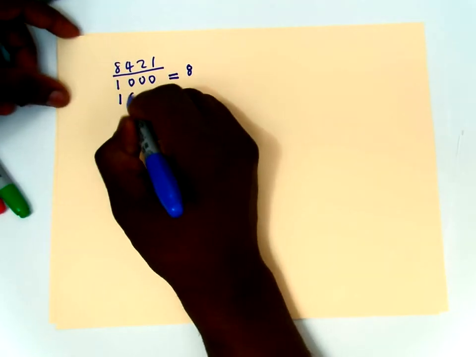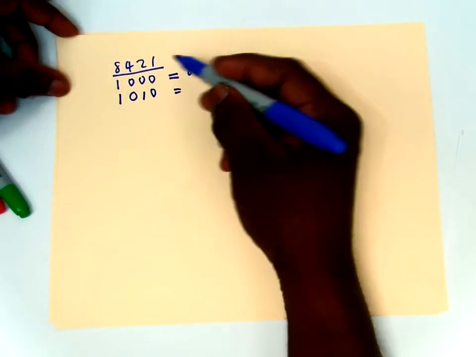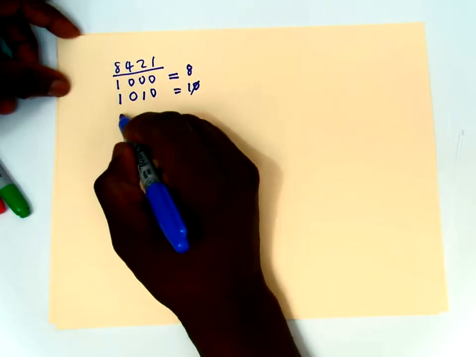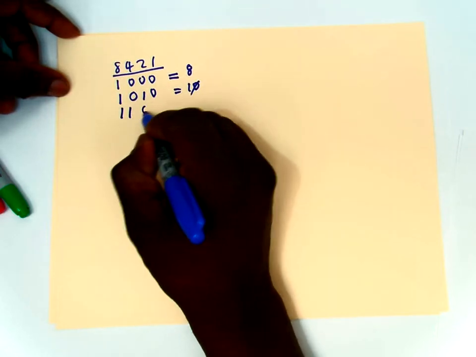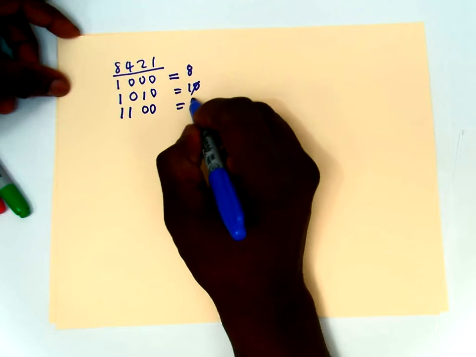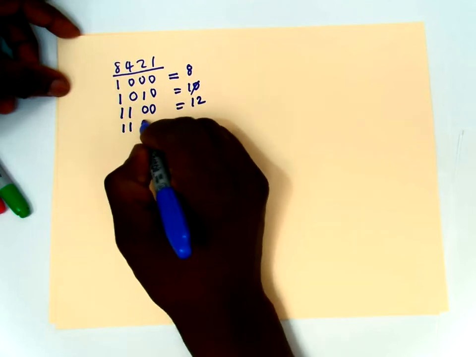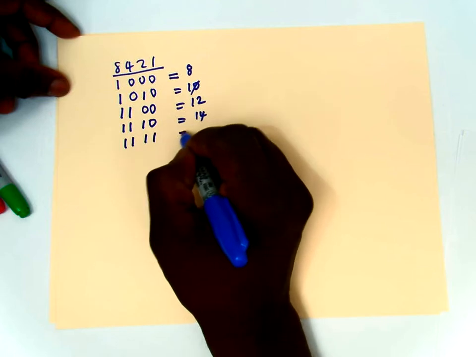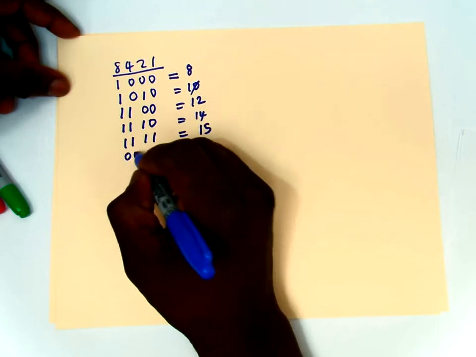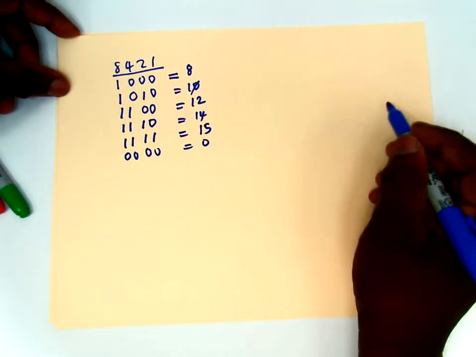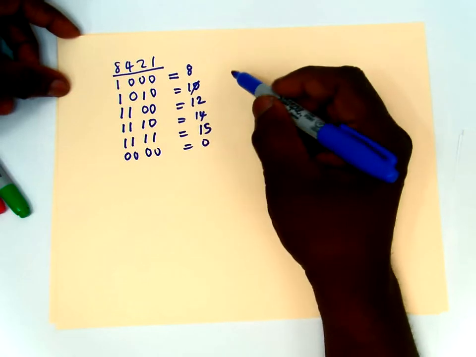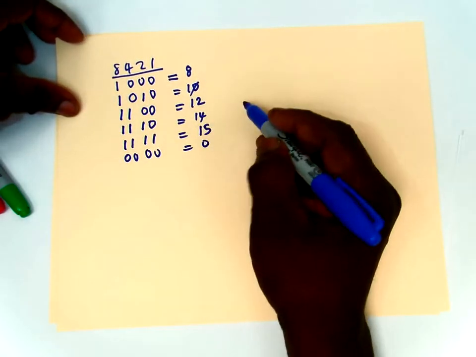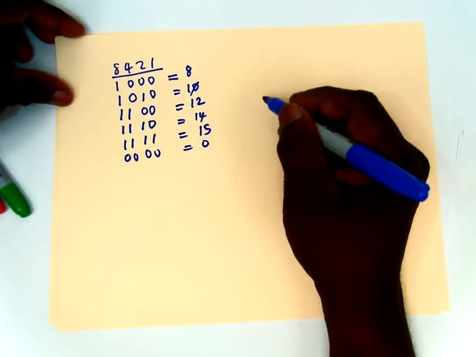Suppose I have 1, 0, 1, 0. It means 8 is there, 2 is there, which is 10. 1, 1, 0, 0: 8 plus 4, 12. 1, 1, 1, 0: 14. 1, 1, 1, 1: 15. 0, 0, 0, 0: 0. So these 4 bits have given us what we know, that hexadecimal is a number between 0 and 15.